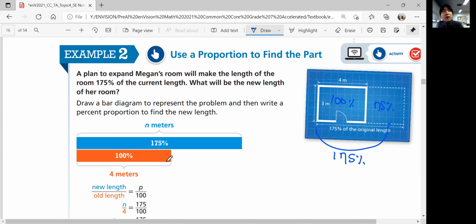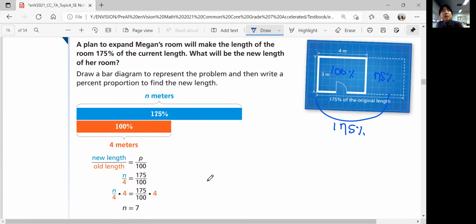In the bar diagram, you have 100%, which is 4 meters, and then 175% is going to be n meters. So if you start with 4 meters of her length, what would be her final length after the remodeling? You can use a proportion.